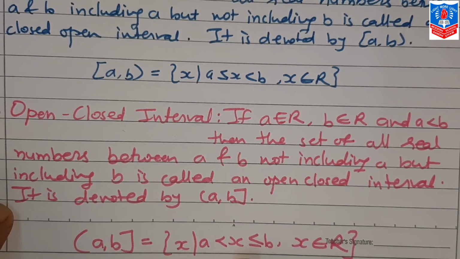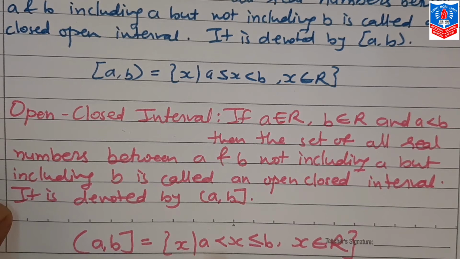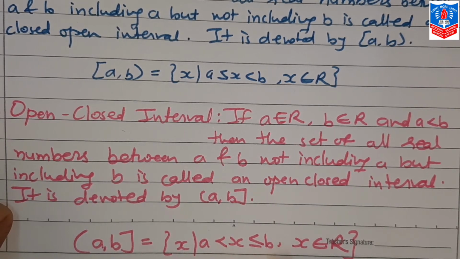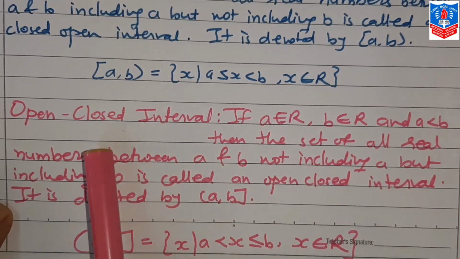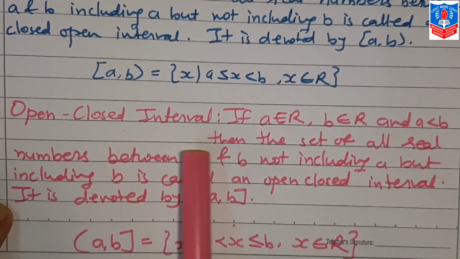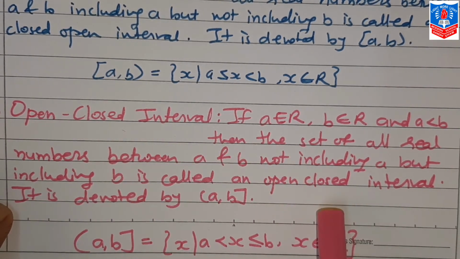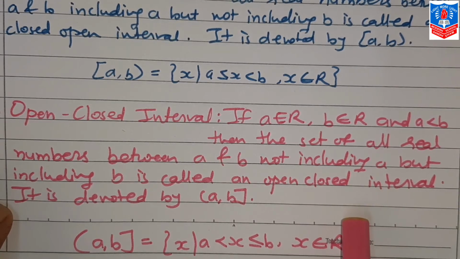Now, how is it? The value of x is between A and B, where A is not included, so the equal to sign is not there, and the B value is included, so along with that the equal to sign is there. This is called the open closed interval. From a theoretical point of view, these 4 definitions of 1 mark are very, very, very important.